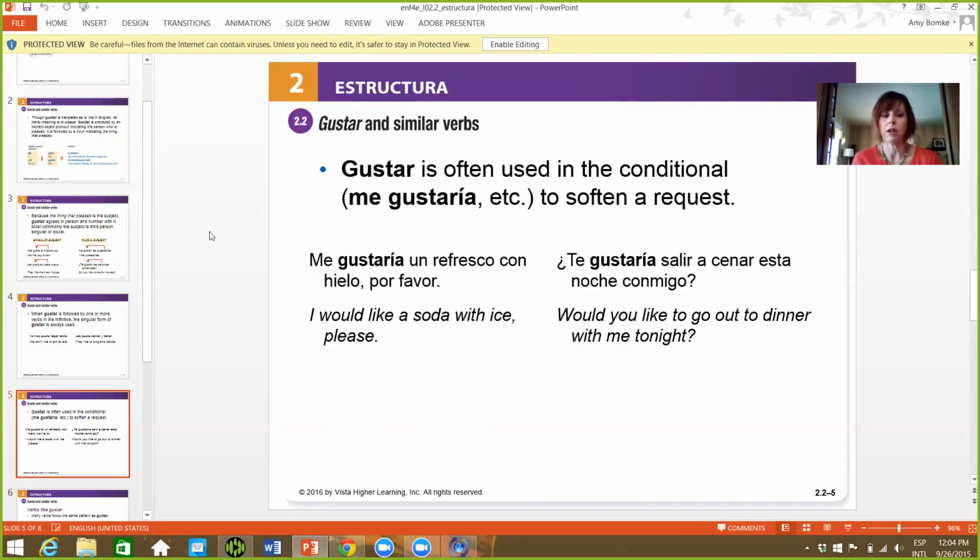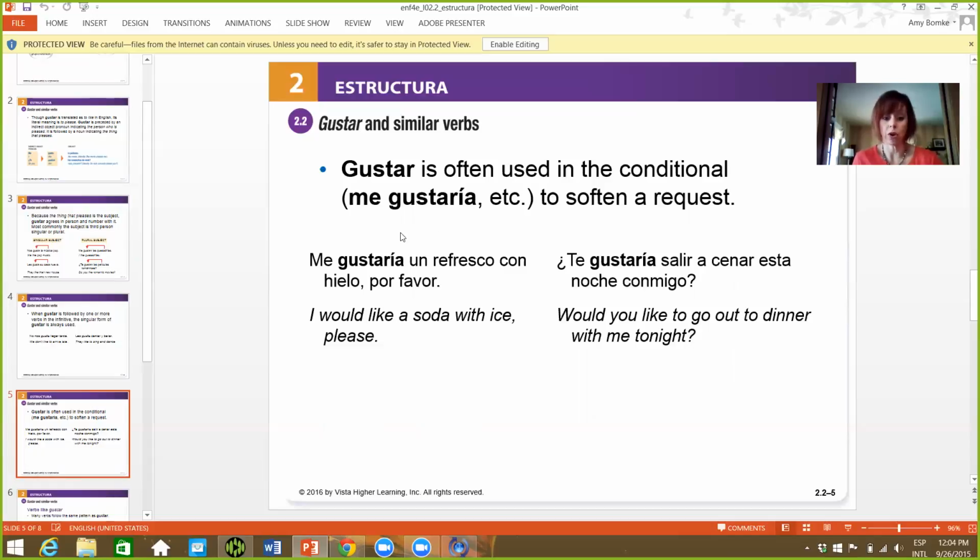There's an activity where you have to say that would bother me, that would fascinate me. The nice thing about the conditional is that it's a very easy verb tense to use. You leave gustar, you don't conjugate the AR, you don't change it at all, but you add ía, or ían if your subject is plural.